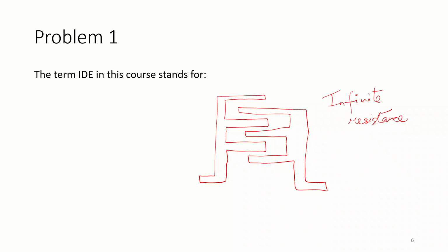We have infinite resistance, then after we put a cell here, there may be a flow of current, so the resistance reduces. That's how sensing happens, and that's the purpose of this.